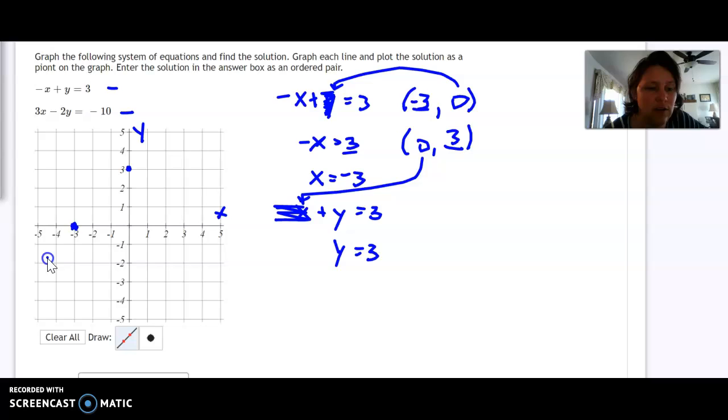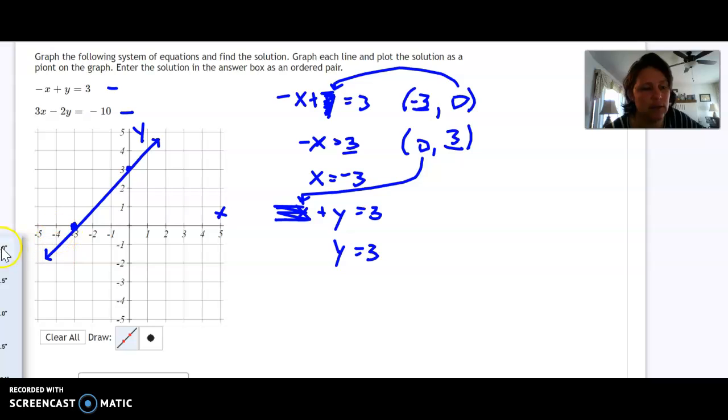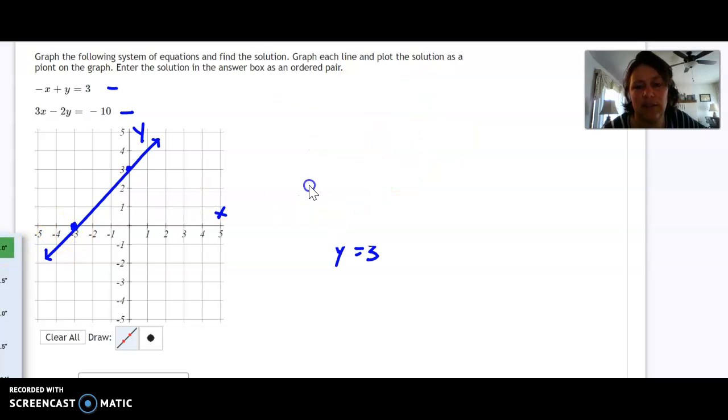And then we're ready to draw our line. Okay, and then we are moving on to our next one. So let's get a big eraser in here and erase all of this. Nicely done.